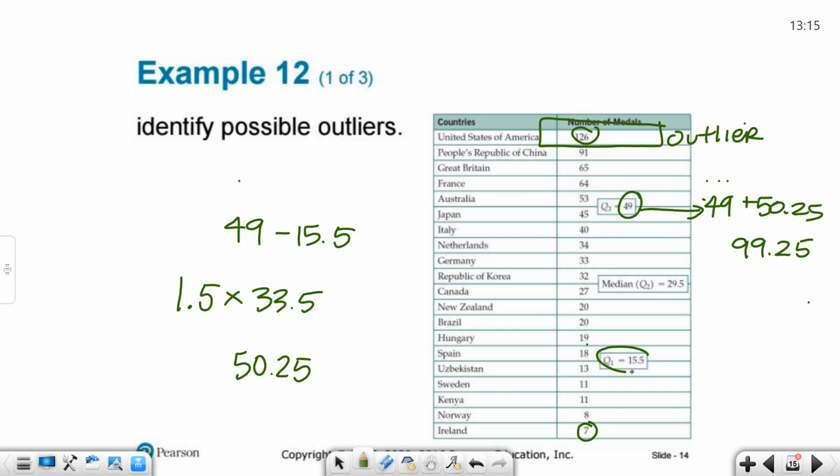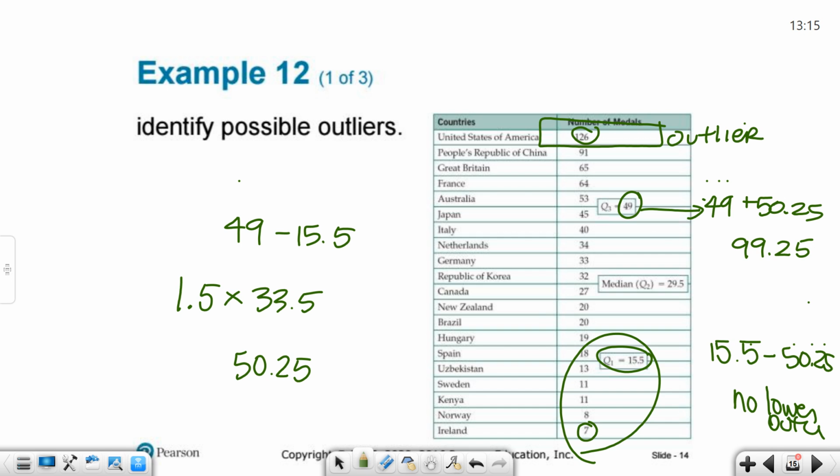Okay, it also works down here at this one. This is my lower one, 15.5. If I subtracted 50.25 from it, well, I can't, because I can't have a negative number of metals, right? So there's no lower outlier. Even though it looks like 7 is really low compared to the other ones, it's really in this range.